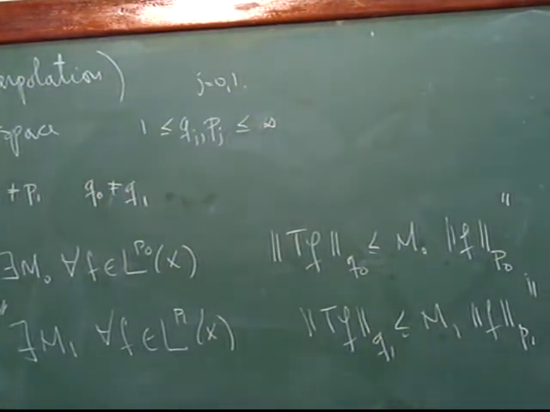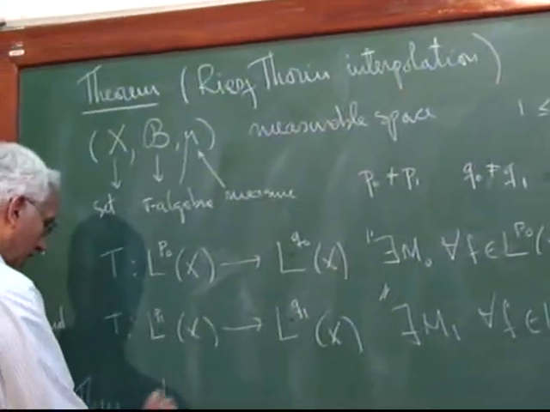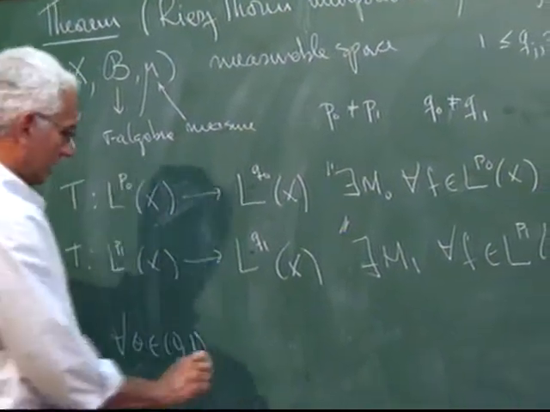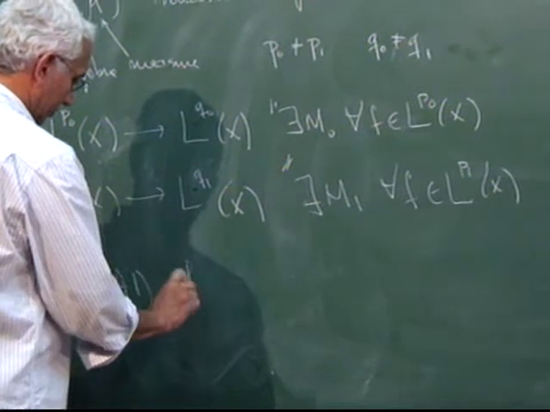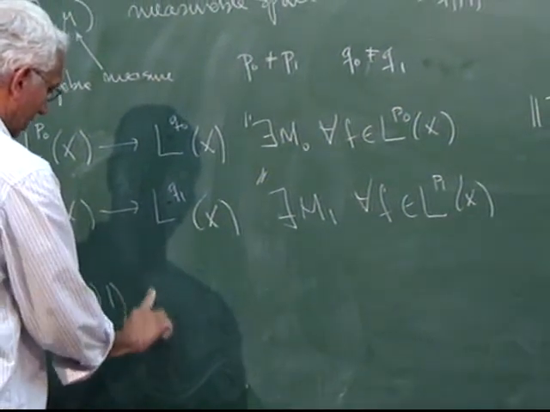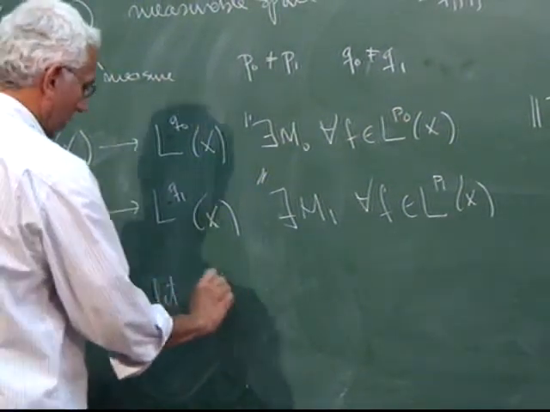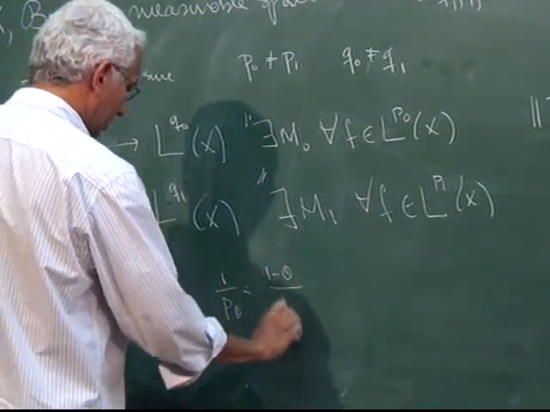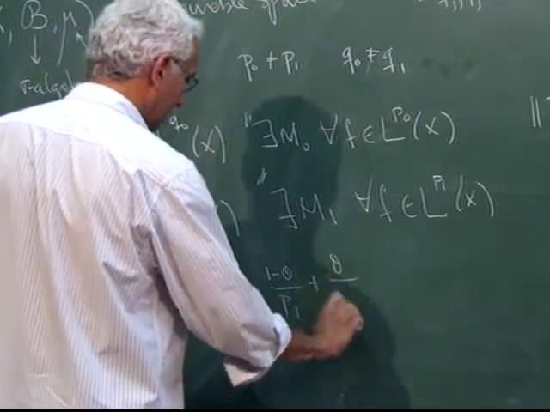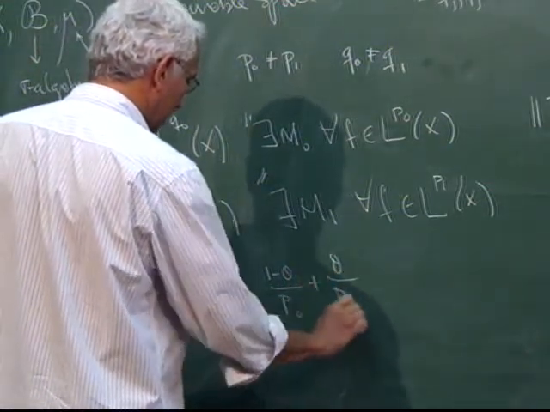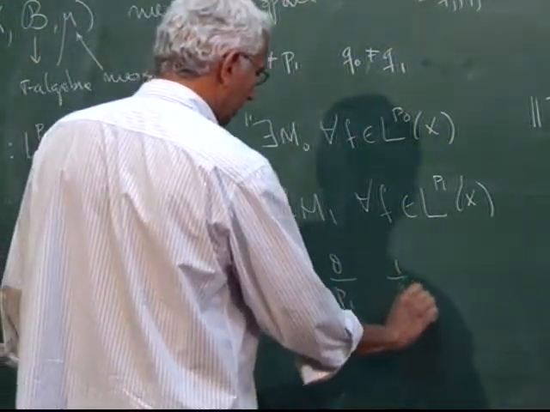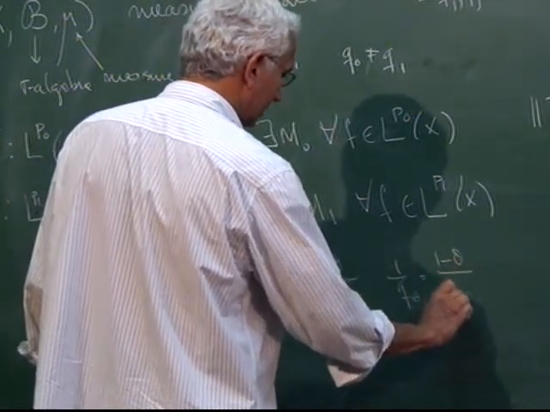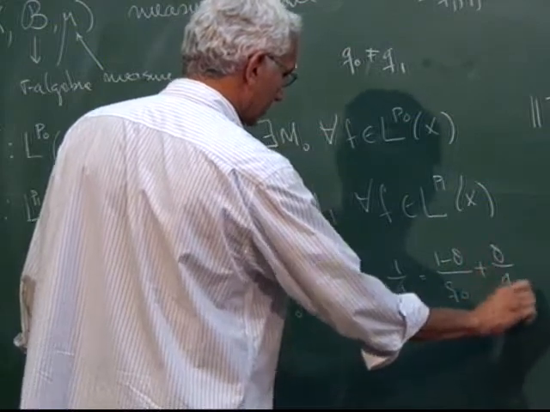Then for all theta between 0 and 1, let 1 over p_theta be (1 minus theta) over p0 plus theta over p1, and 1 over q_theta be (1 minus theta) over q0 plus theta over q1.